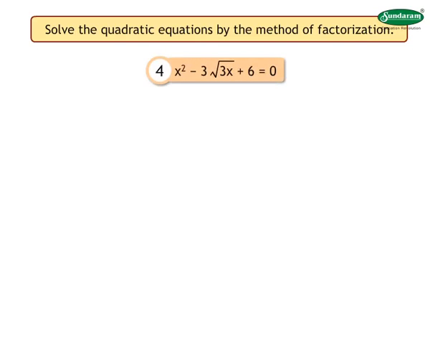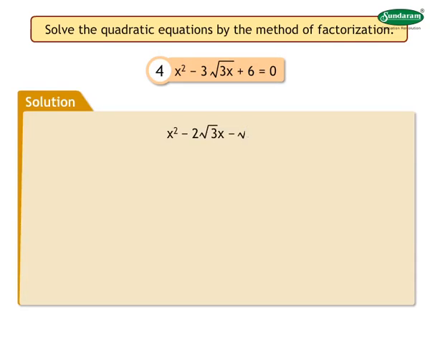Number 4. x square minus 3 root 3 x plus 6 is equal to 0. Solution: x square minus 2 root 3 x minus root 3 x plus 6 is equal to 0.